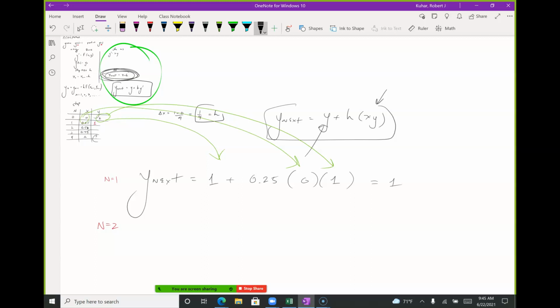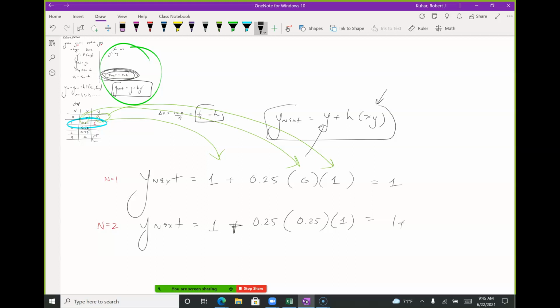Okay, so let me keep going now. My next y value. So y next now. This is my previous line now, right? X is 0.25 and y is 1. So y is 1 is my previous y. H is still 0.25. X is 0.25. And the y is 1. So I've got, oops, this is a plus.